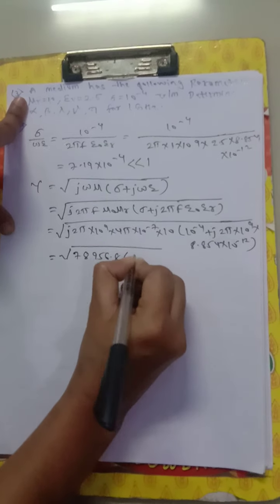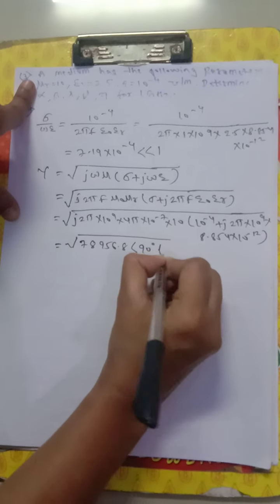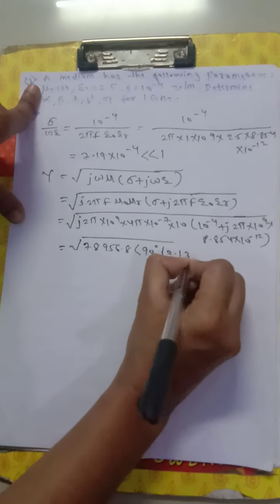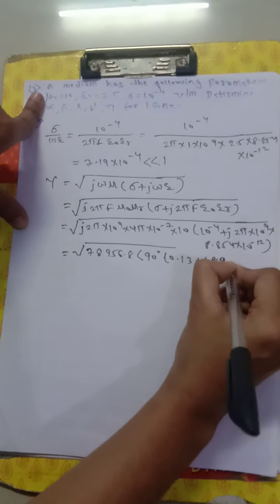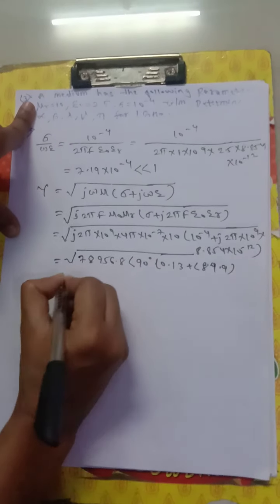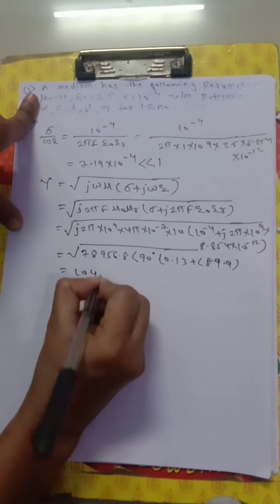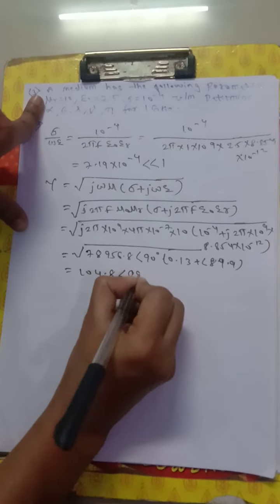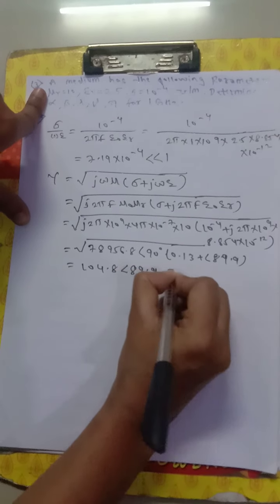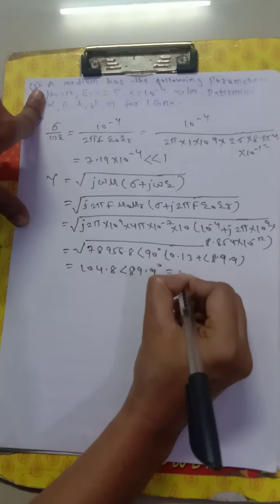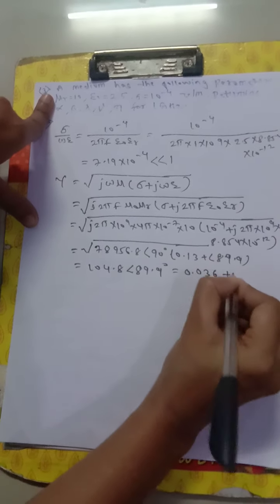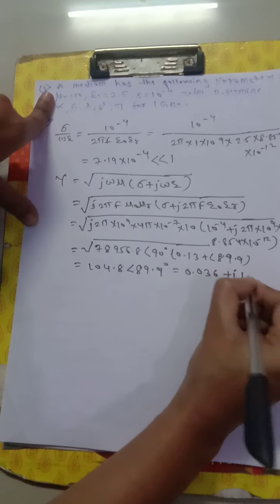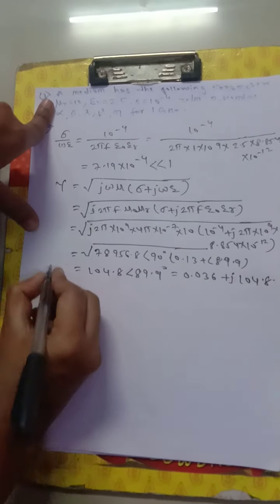78956.8 angle 90 degrees, into 0.13 angle 89.9 degrees. So this is under the root. If you take the root, you get 104.8 angle 89.9 degrees, in the polar form. Converting into rectangular, you get 0.036 plus j 104.8.